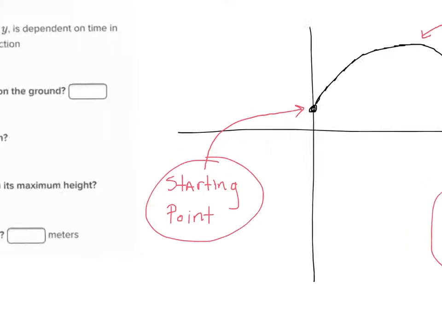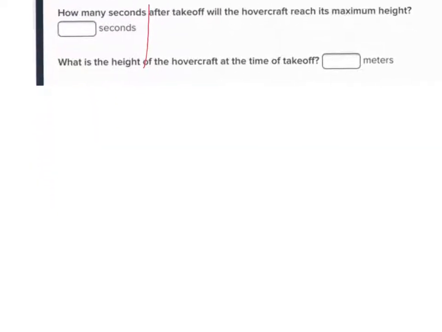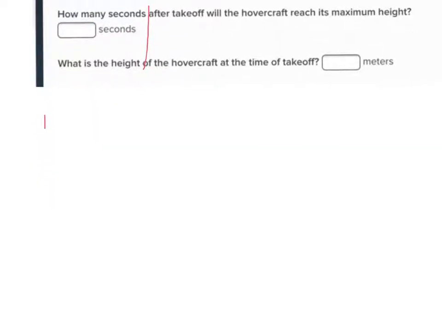Okay? Now let's go back to the function. The function is written in x-intercept form. Now, there are three forms of quadratic equations. The first one we learned was standard form, and it is ax squared plus bx plus c equals 0.